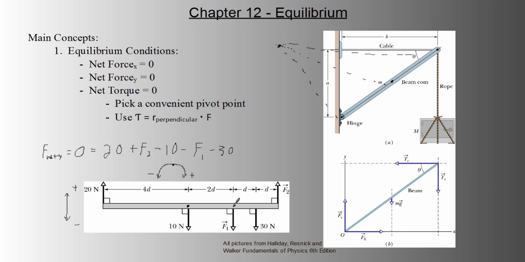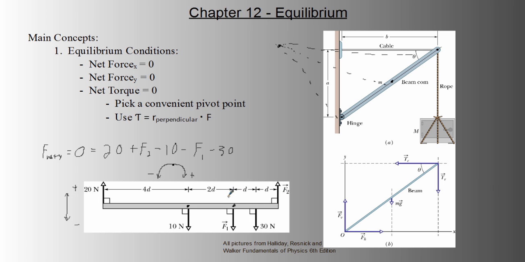So let's say we pick the pivot point at F1. Now F1 is not going to be in our net torque equation because it doesn't exert torque at that pivot point. So you might say we shouldn't pick it here because we need that variable to solve for it. You might also say, well, if we don't pick it here, then we have too many variables and we might not be able to solve for it.